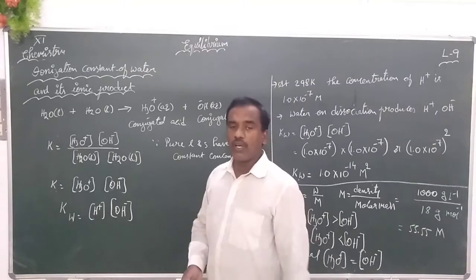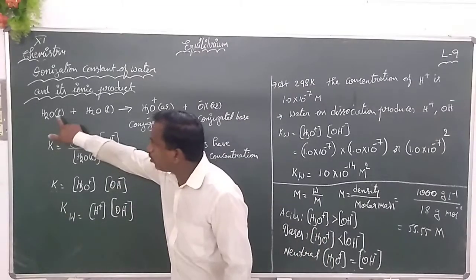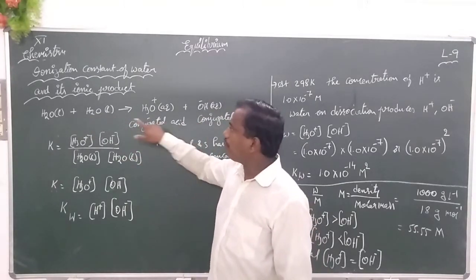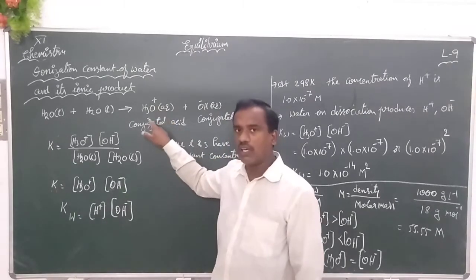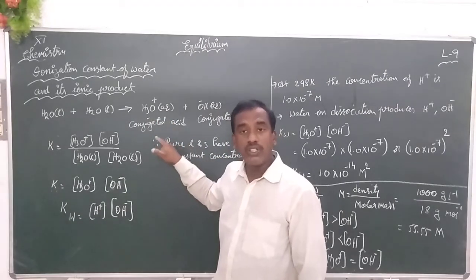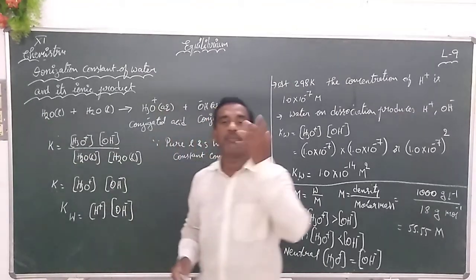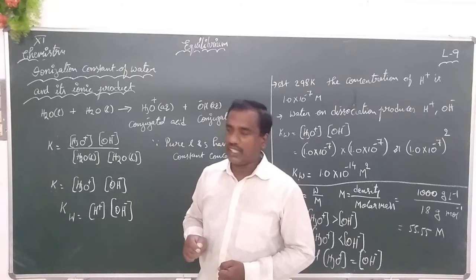So when two water molecules react with each other, how do they react? One water molecule accepts one H plus ion from the next molecule and forms the H3O plus ion. It is called the conjugate acid. Whenever a molecule accepts one H plus ion, it forms the conjugate acid.